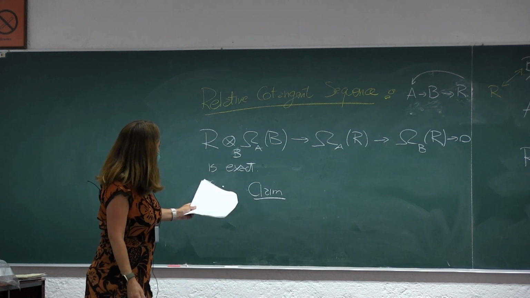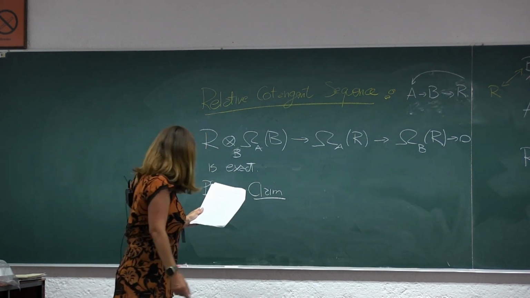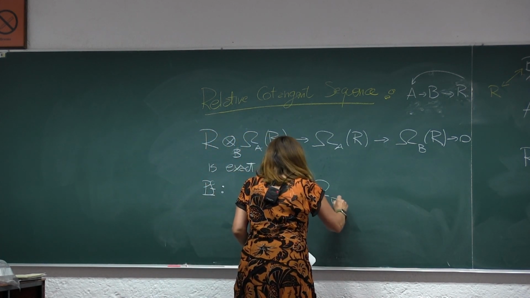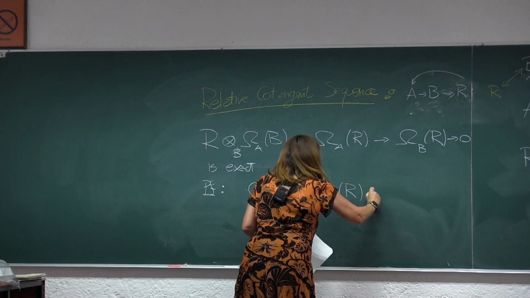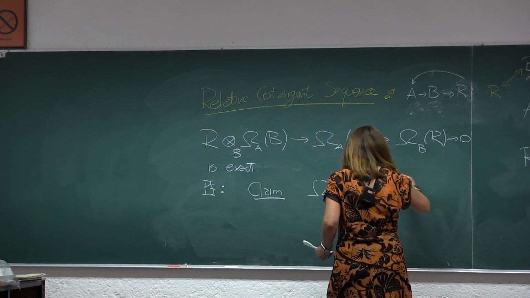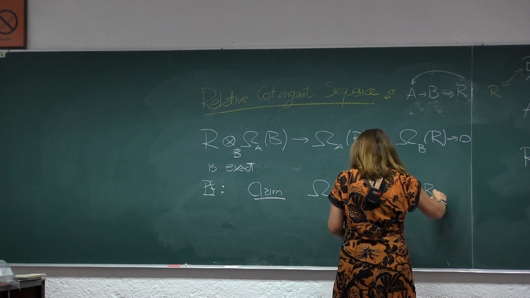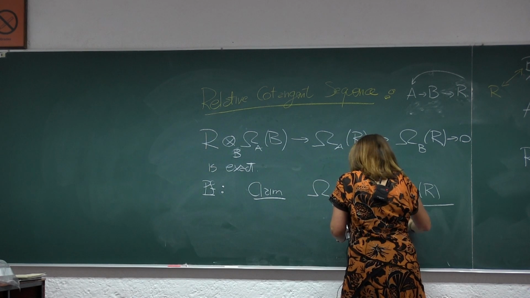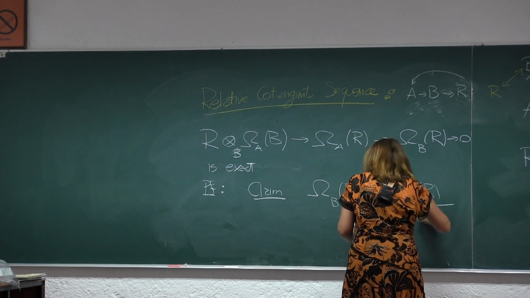Okay, so let's see the claim. The claim is simply, and that will prove it, that this is isomorphic to Omega_{R/A} modulo R d phi(B).